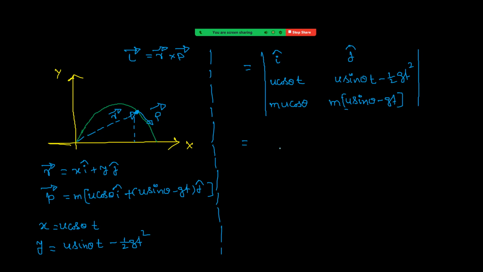It is u cos theta into t into m times u sin theta minus gt, minus the remaining part, m u cos theta into u sin theta into t minus half g t square.